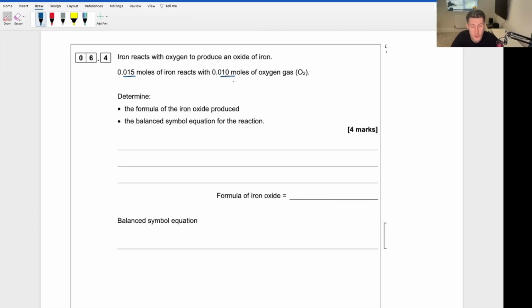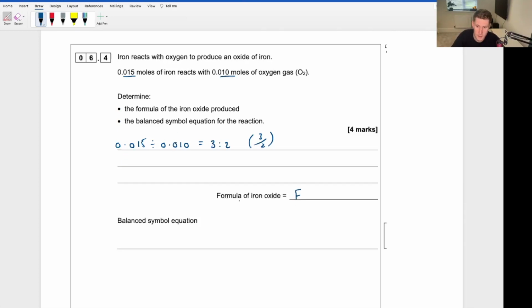We call that a ratio. So I'm going to do 0.015 divided by 0.010 because I want to see what ratio they have between them. Then I'll know how many irons I have in the formula and how many oxygens I have. So that's a 3:2 ratio. On your calculator it will look like 3/2, and I know it's a 3:2 ratio. So my formula of iron oxide is 3 lots of iron to 2 lots of oxygen.